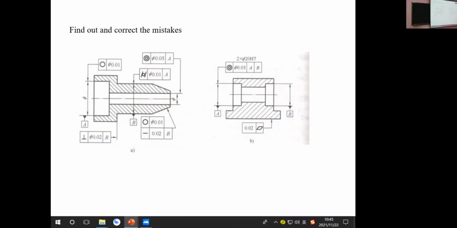I think we got this one. Alright. You see that? No, yeah, not correct.